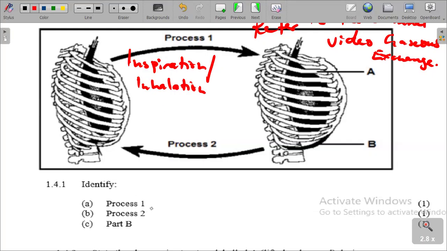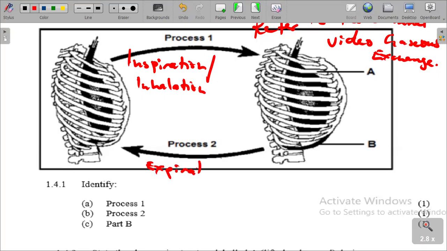And then process 2, obviously, we are talking about the decrease in the volume of the chest. It becomes smaller. It is the opposite of inspiration, which is exhalation, or expiration.